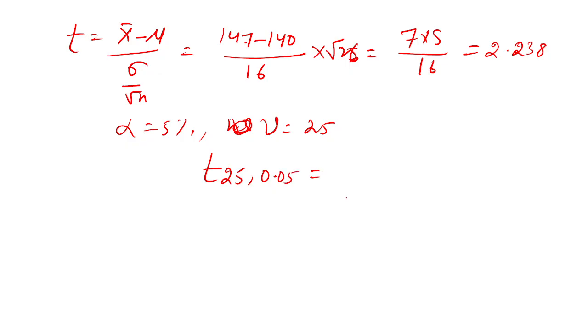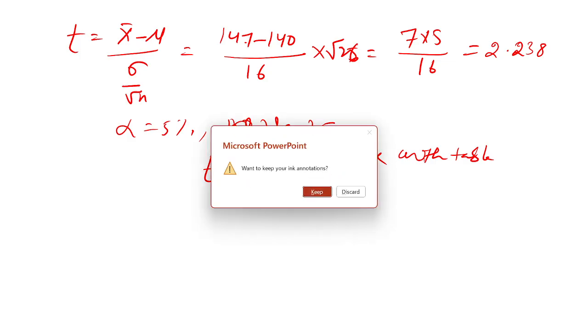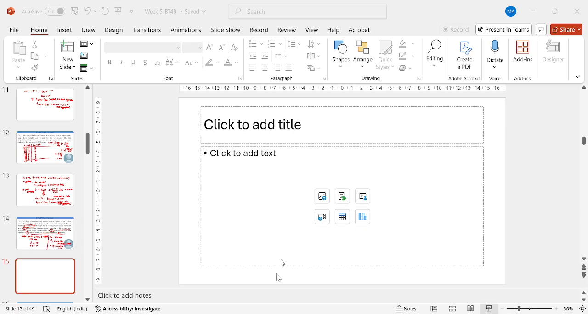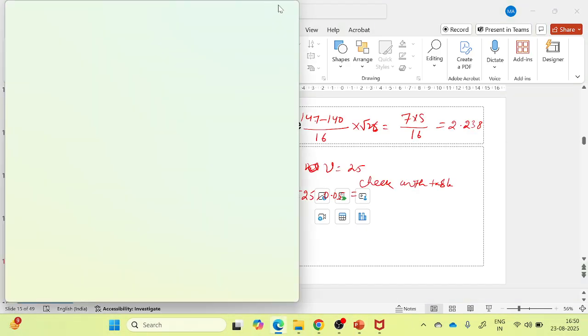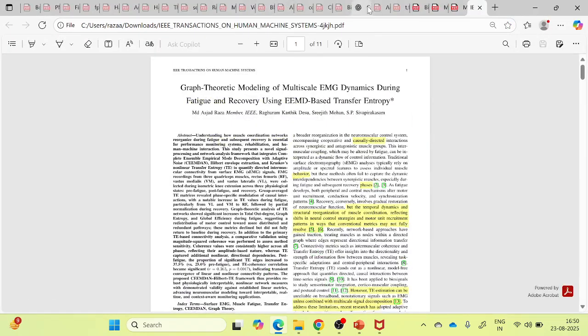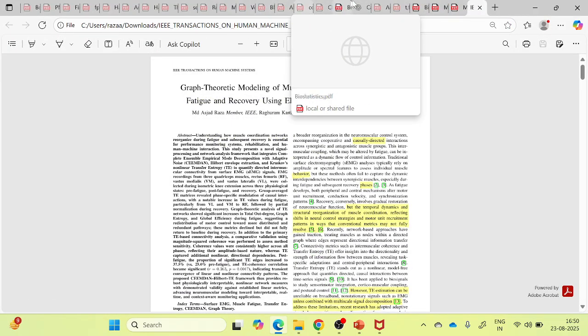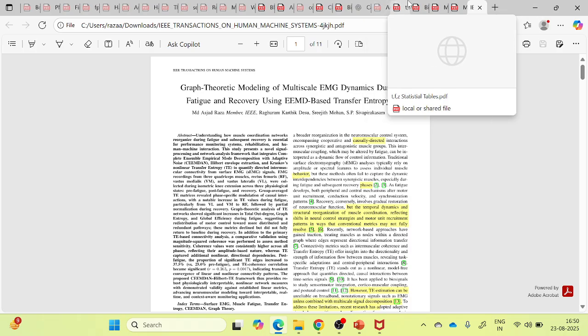For one tail, what value came if you check with the table? Can you please confirm whether you know how to see the table, or shall I explain one more time? Sir, explain please. Okay. So if you go to the t test table, I'll just show how to see it.